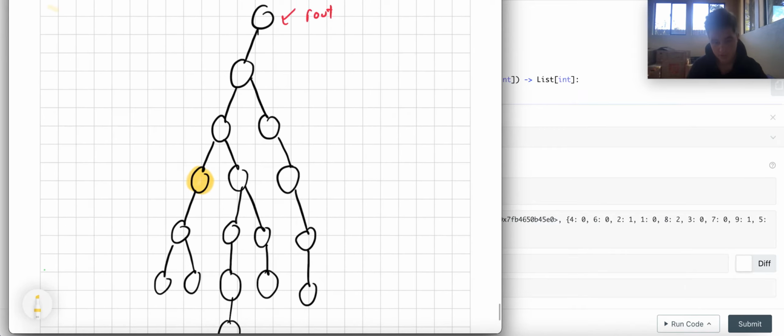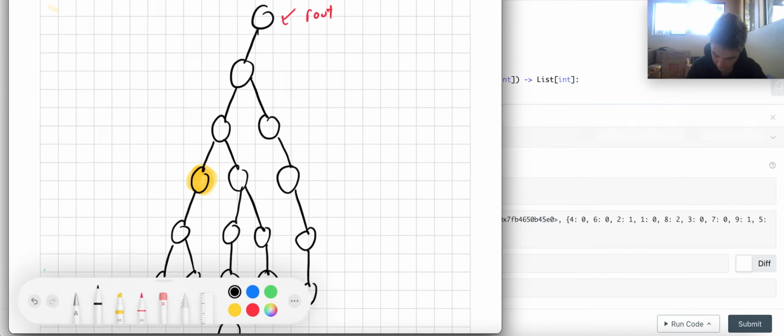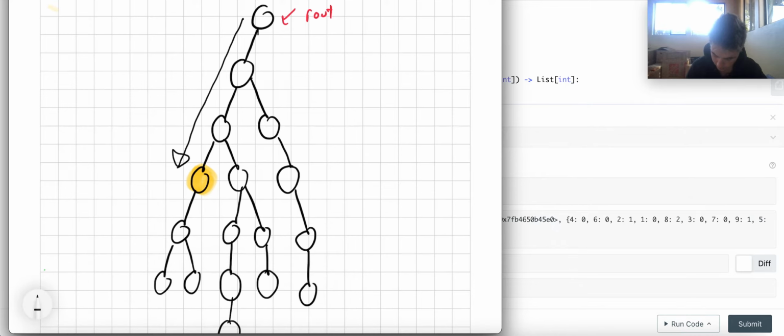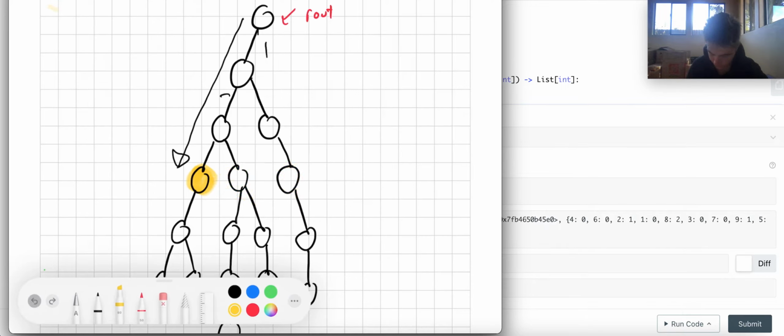If we remove this node, well, the maximum height would be, we've gotten down to this level, right? So this is level 1, 2, 3. So the max height would then be the maximum subtree at this level, not including this node, right?